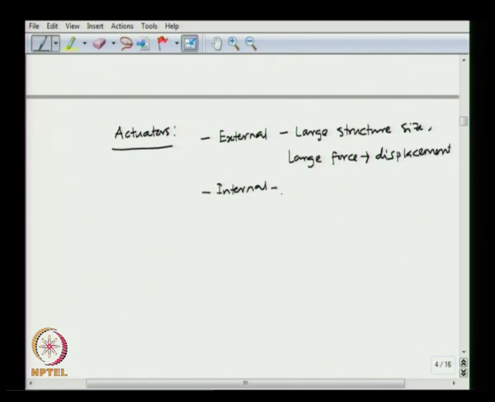Whereas internal actuators are easily integrated with the micro pump.